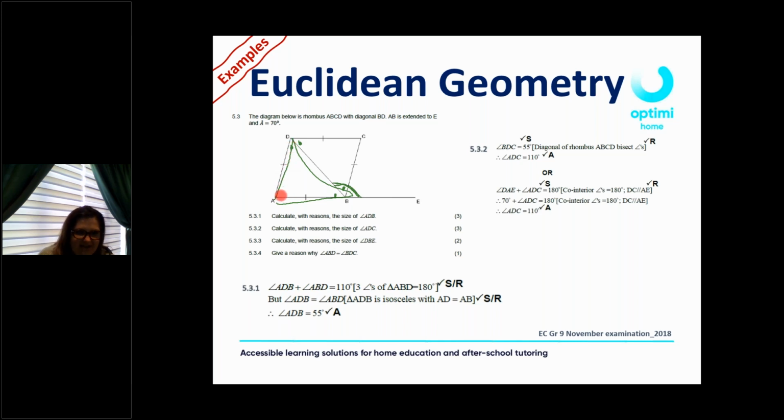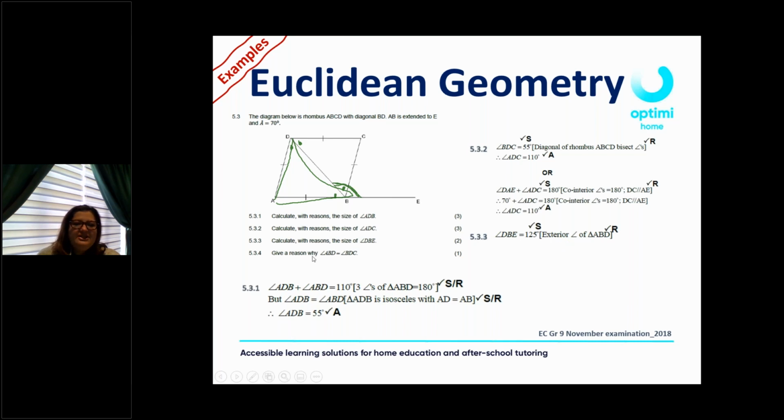And I have the angle A and I have the angle D over there. That is equal to 70 plus my 55 degrees. 70 plus 55 will give you 125 degrees. Again, you get a mark for your statement and a mark for your reason.